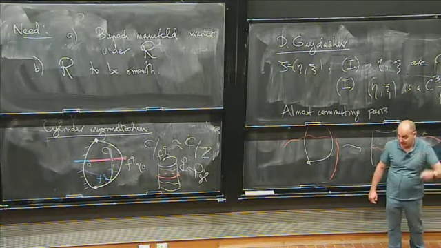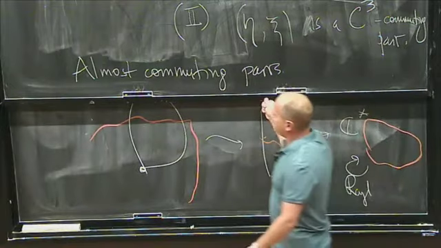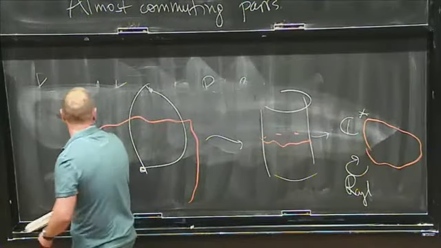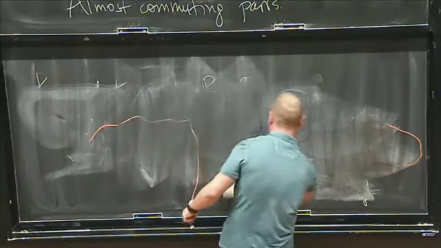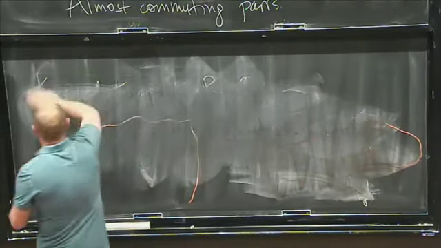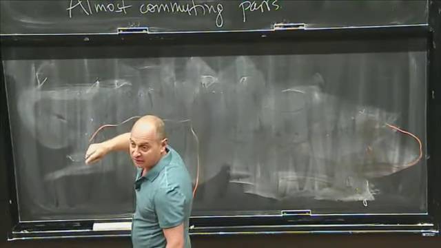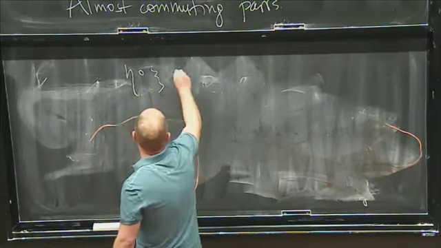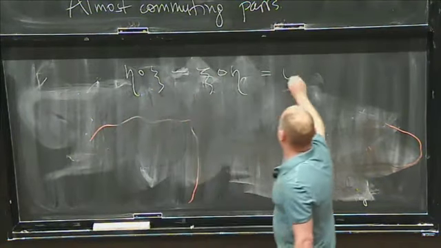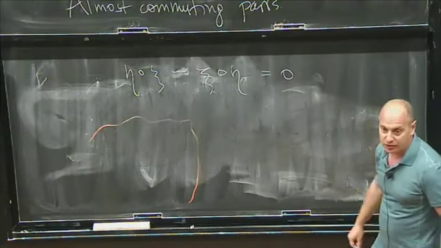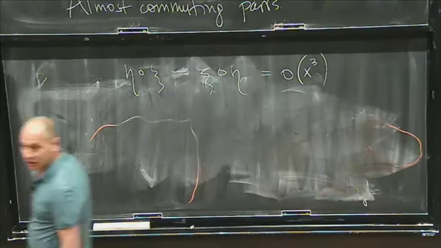The norm is the uniform norm, and the commutation condition is a C3 condition. And in fact, it's easy to check, trivial in one direction, easy in the other, that the commutation condition is equivalent to saying that the commutator of these two, so eta composed with psi minus psi composed with eta, vanishes at 0 to third order. Okay?